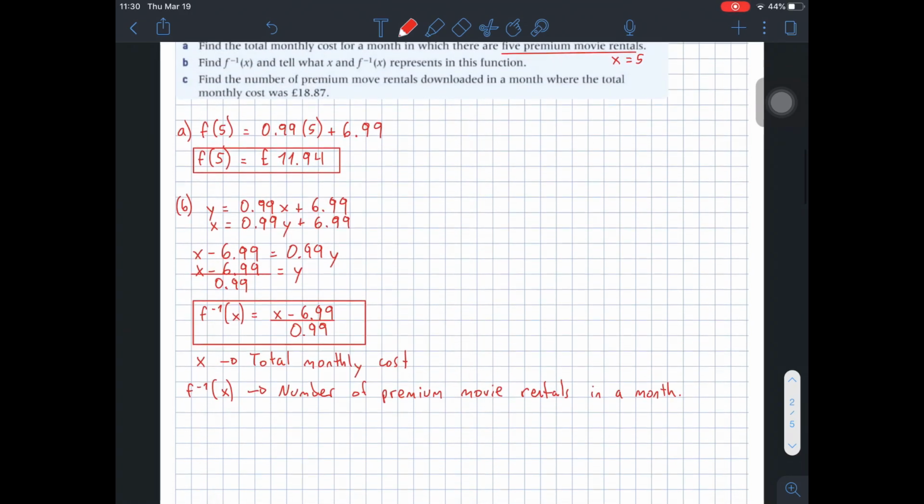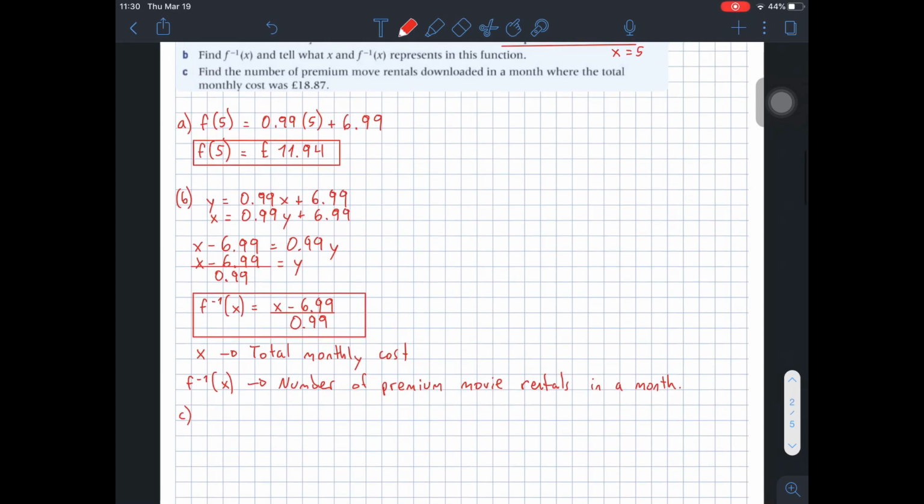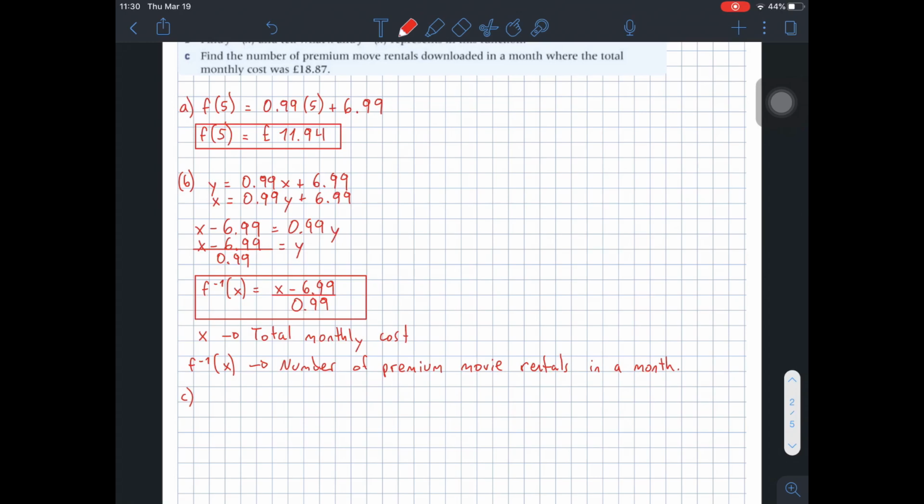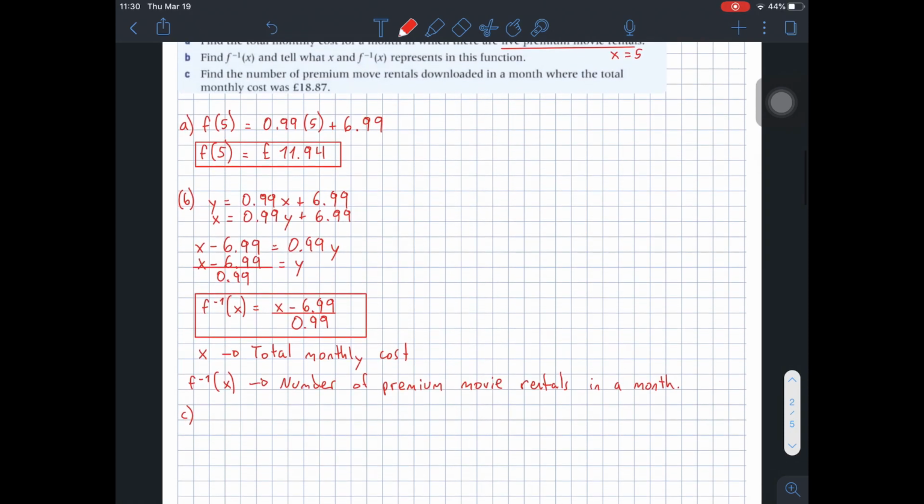Okay, so I think that's where we're going to be asked for part C. It says, find the number of premium movie rentals downloaded in a month where the total monthly cost was this. Okay, so yes, in this case, we're going to use the second equation, as we already have this variable on its own, so it'll be easier to calculate.